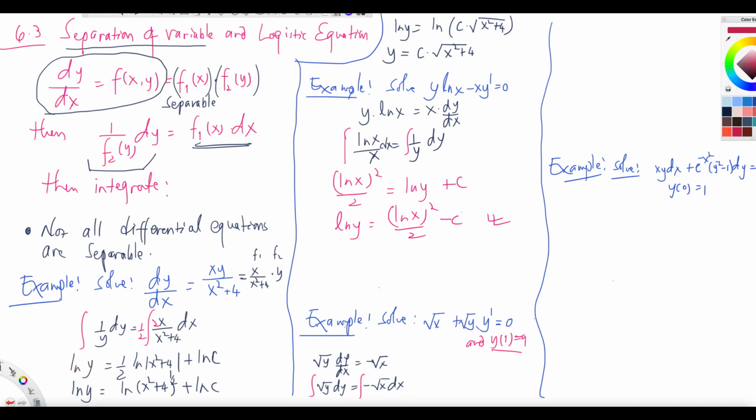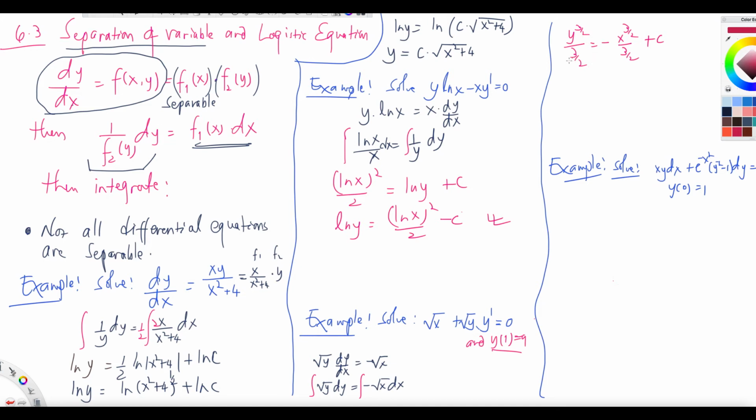Root y is y to the 1/2. So y to the 1/2 plus 1 gives y to the 3/2 over 3/2 equals minus x to the 3/2 over 3/2 plus c. Whenever you integrate, you write plus c. Although you get plus c on the left side and plus c on the right side, you combine those two constants and get a bigger constant c.